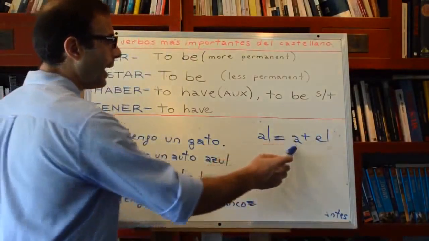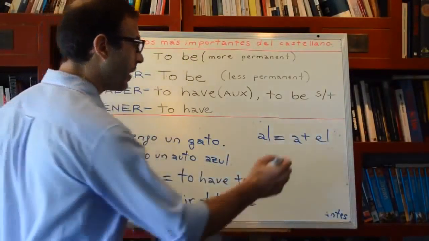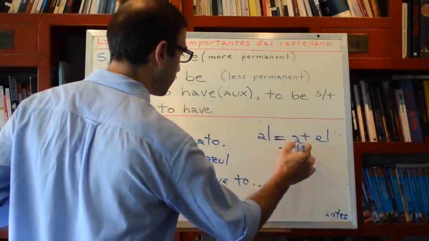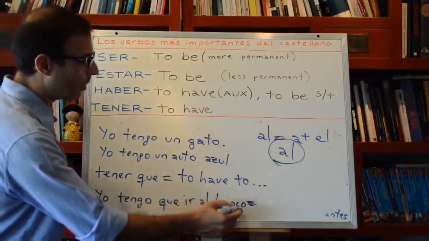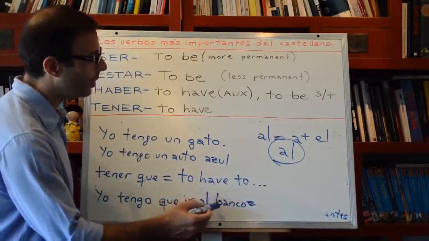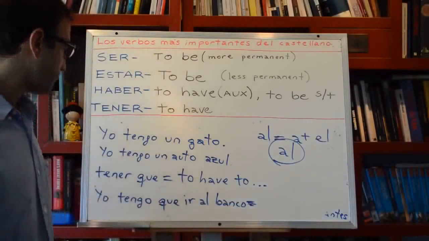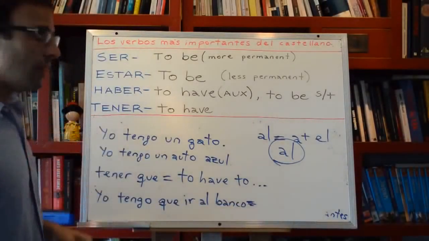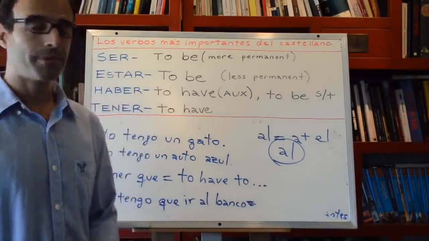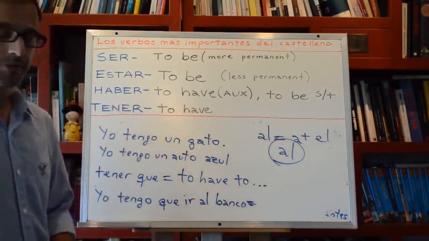So a el in Spanish is contracted as al. Okay? So al banco means to the bank. So here you have seen how we use the verb tener in Spanish.